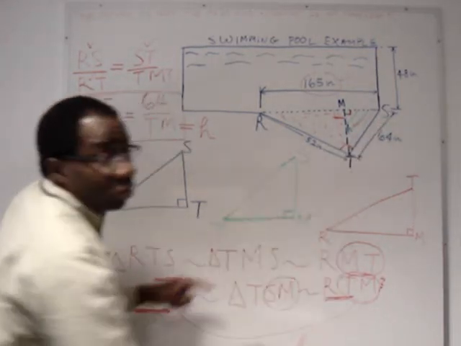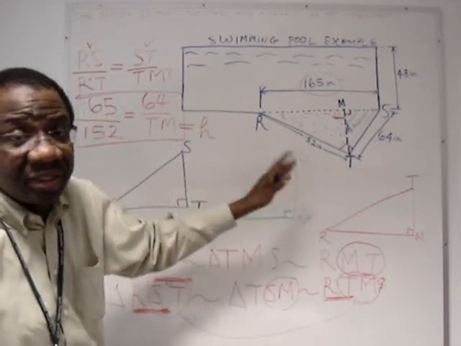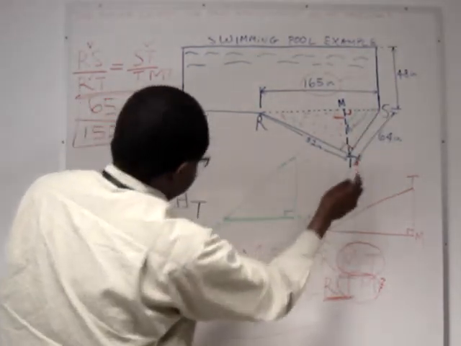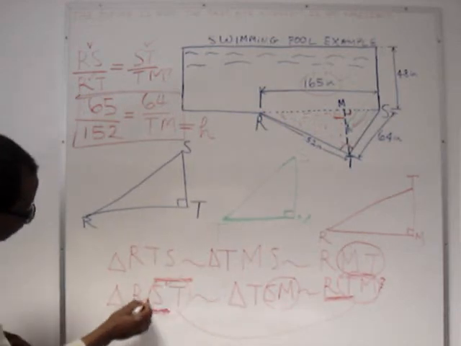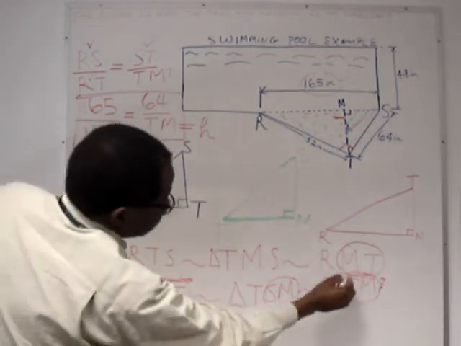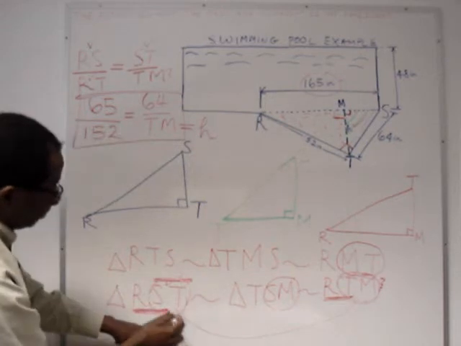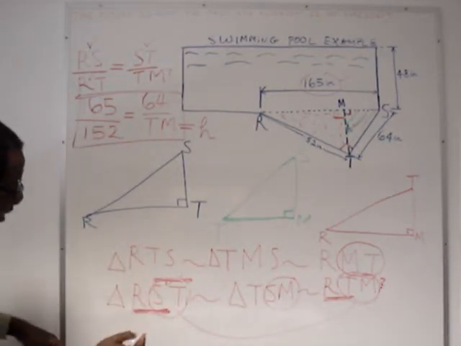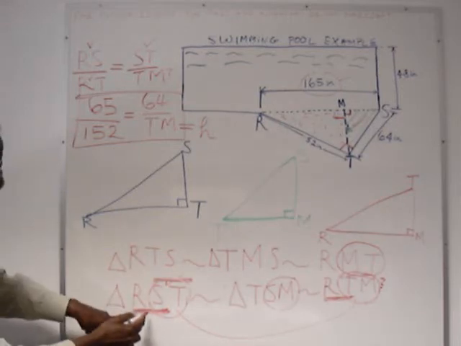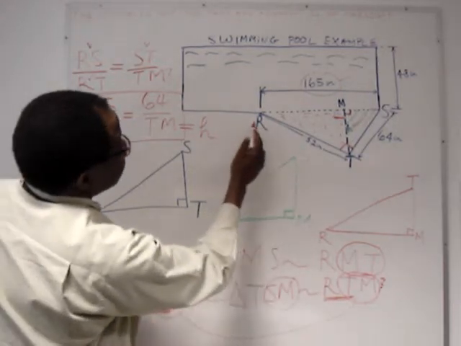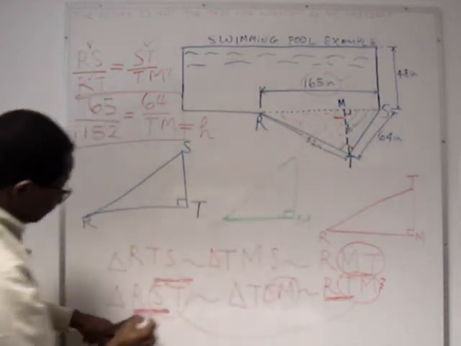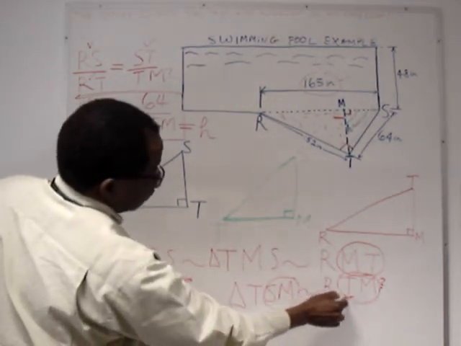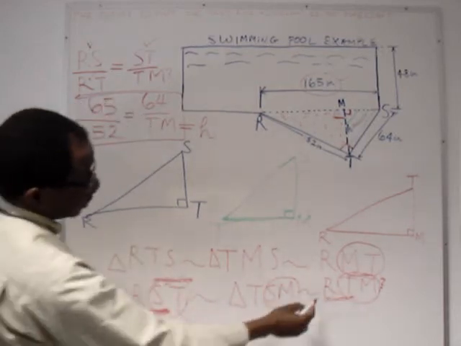So you have to look in the diagram which dimensions you are given. We're given ST, which occupies the same position as TM in the small one versus the big one. And then, do we know RS? RS we know, 165, so we know this one. Do we know RT, which occupies the same position?